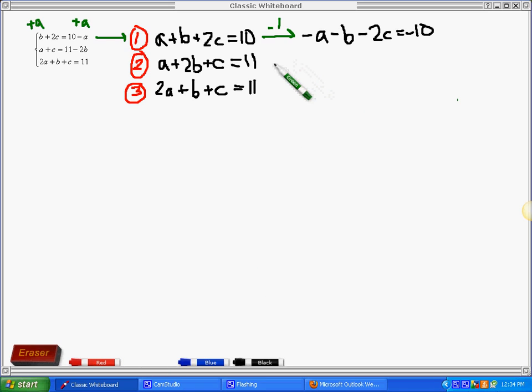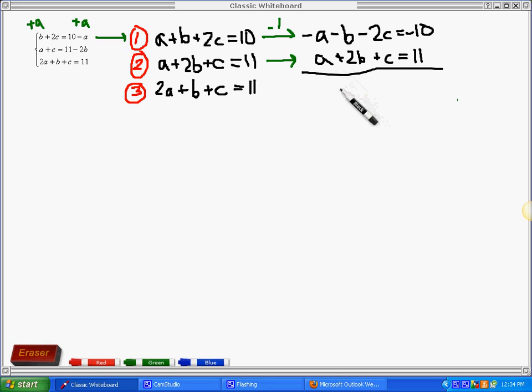In the second equation, I don't want to change, otherwise my a's won't cancel. So the second equation, I'm going to leave: a plus 2b plus c equals 11. And I eliminate. A's cancel. I get b minus c equals 1.